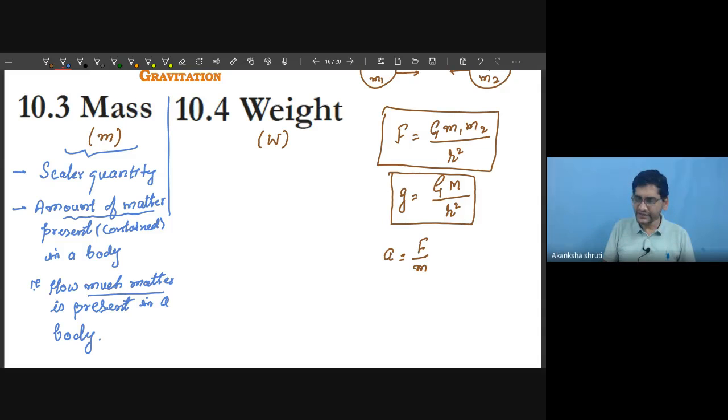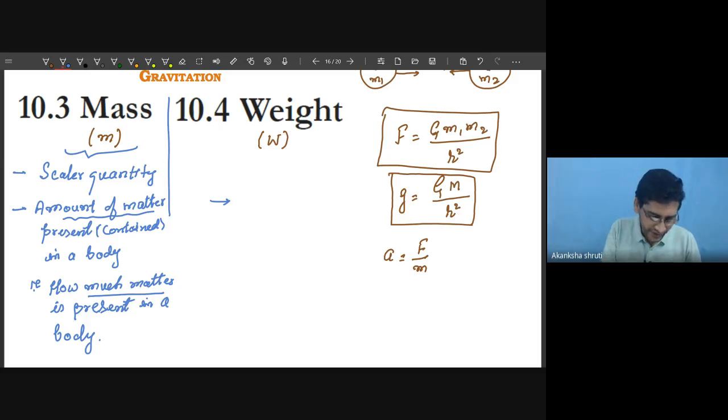But if we consider the weight, weight is a different kind of thing. Weight is what? It is the earth pull. So earth pull or push is called force. Force has direction. Therefore, this weight is a vector quantity.